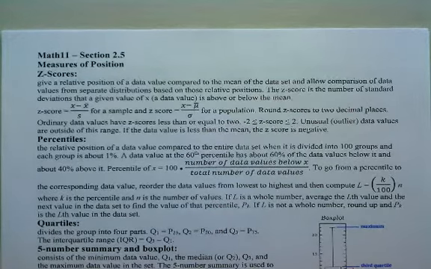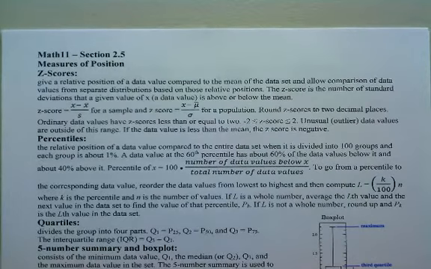Quartiles are dividing the data set into 4 parts. Q1 is the same as the 25th percentile. Q2, the 50th percentile. Q2 is also the median. Q3 is the 75th percentile. And then we can have what's called the interquartile range, which goes from Q3 down to Q1 or Q1 up to Q3, depending on how you do it.